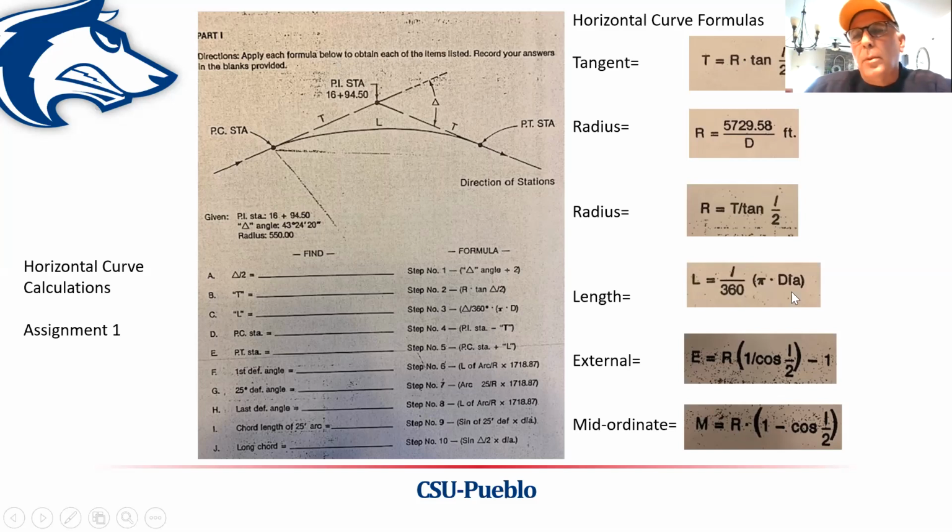Your textbook probably lists a lot of your horizontal curve formulas, but in addition to that, I've put these on there for you to use in the future should you ever need to. This is particularly important for those of you who may be CET majors and may have aspirations for taking the fundamentals of engineering exam later on in your careers, because these formulas will be required at that time. Also, as you head on into your highway design class, these are very important.